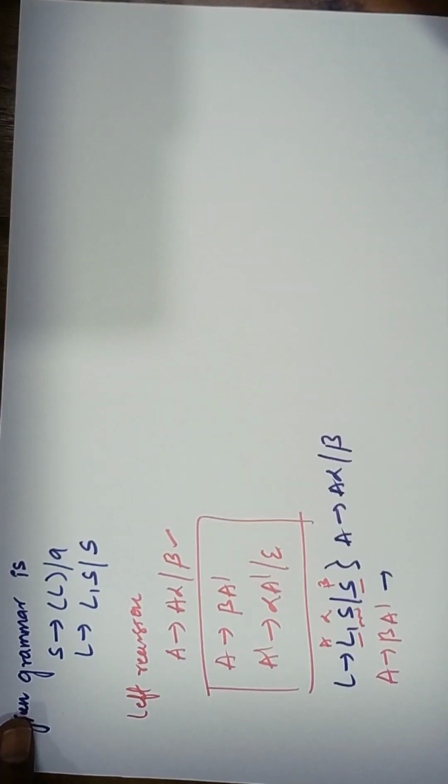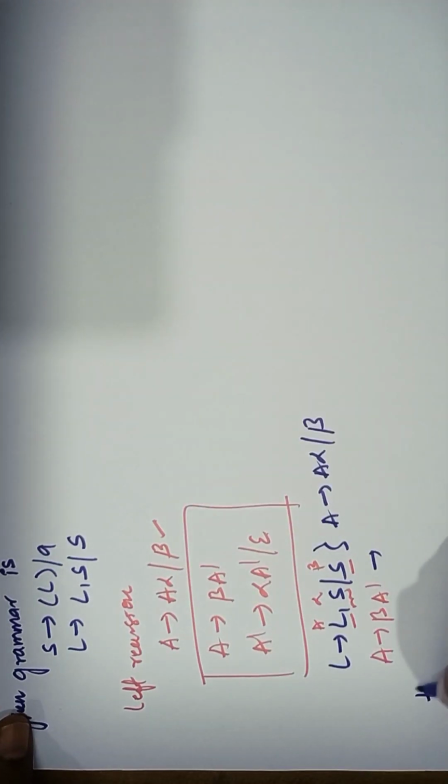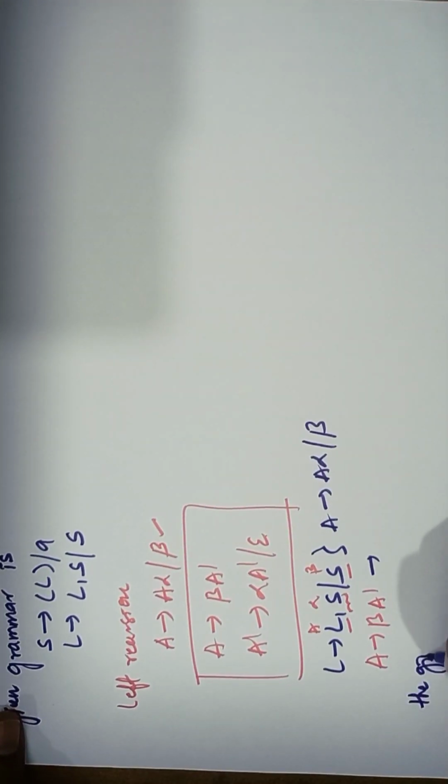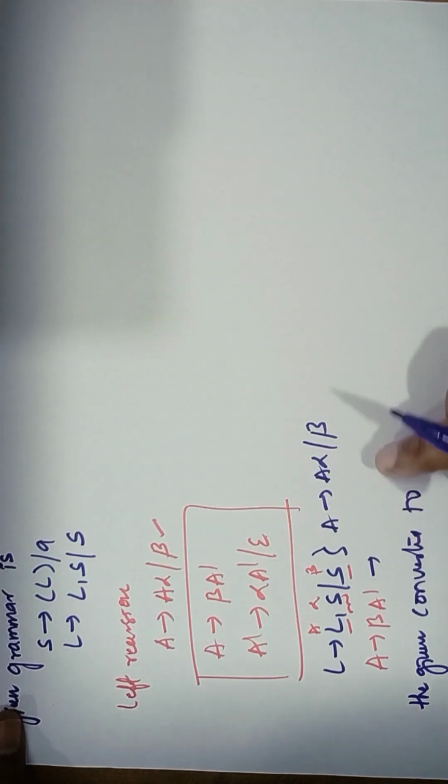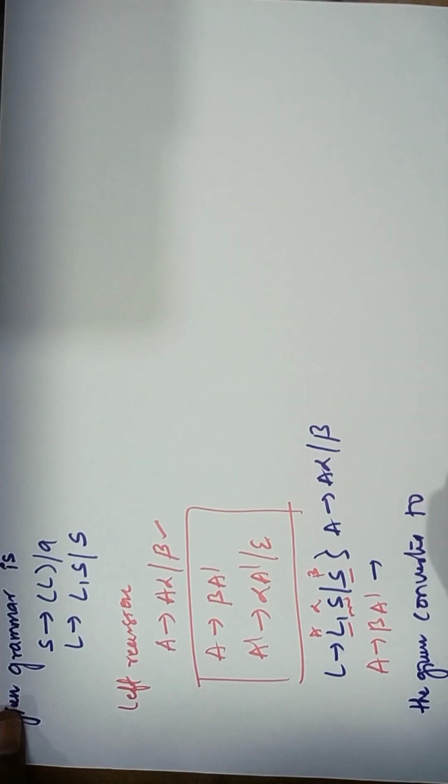Then the given grammar is converted to L tends to beta L dash. What is beta here? Beta here equals S. And next we need to convert L dash. L dash tends to alpha L dash. What is alpha here?